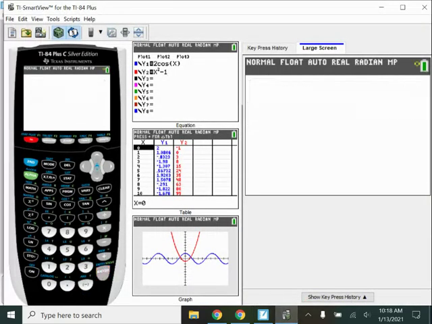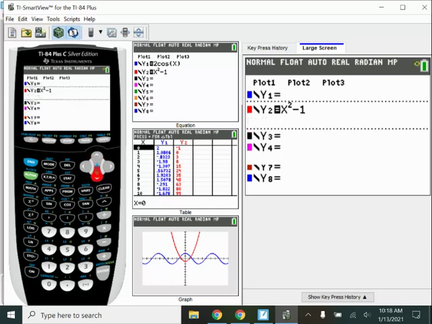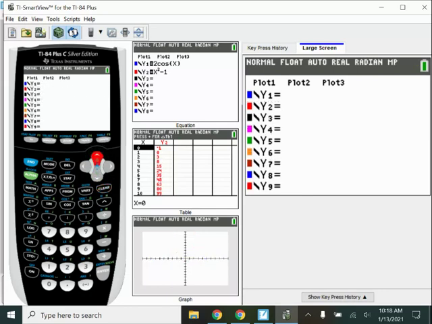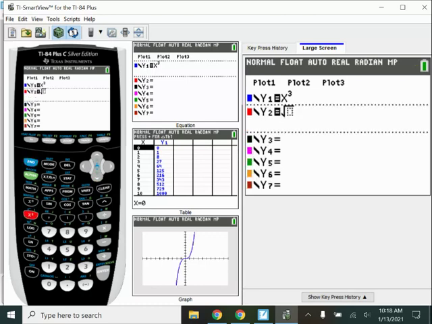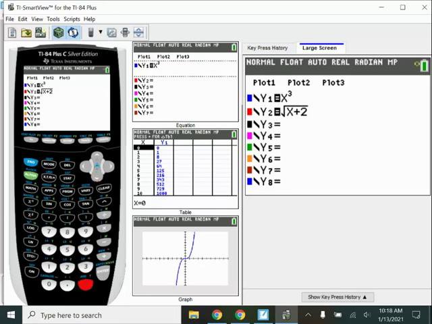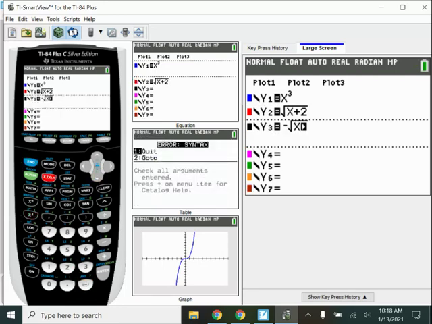So let's go back to y equals, and I want to look at this. We have our 2 equations: x to the third, and then, I can't do plus or minus all in one, so I have to do the square root of x plus 2, and then negative the square root of x plus 2.